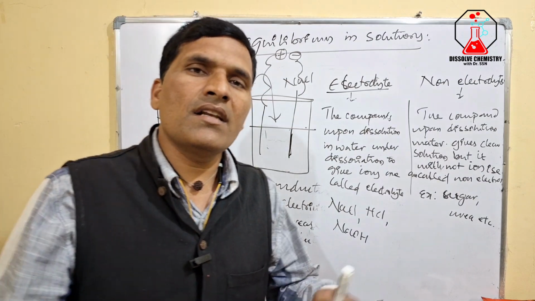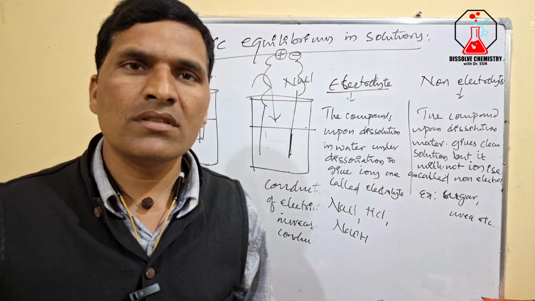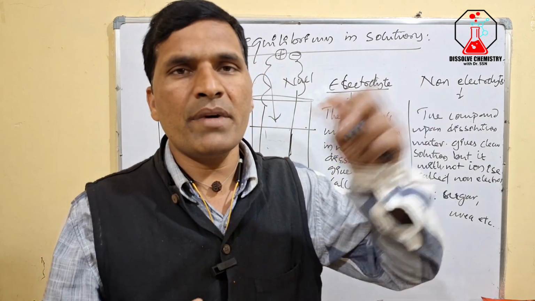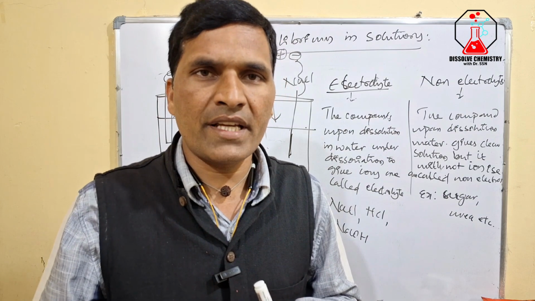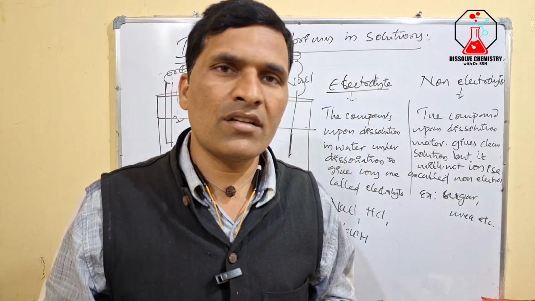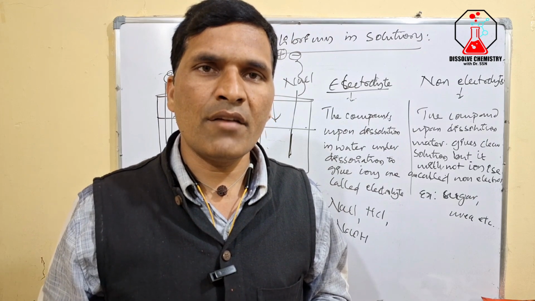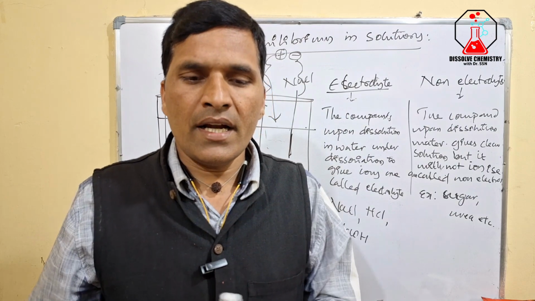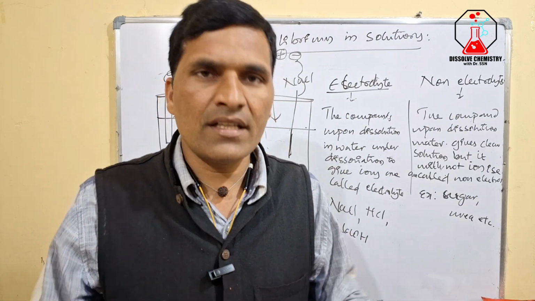Now the question arises, why are these sugars not dissociating, while NaCl is dissociating? NaCl is an ionic compound. How is it formed? A cation is surrounded by anions, and anions are surrounded by cations to form an ionic crystal, and they are held together by electrostatic force of attraction. Upon dissolution, those electrostatic forces are broken, and independent ions we get in the solution.